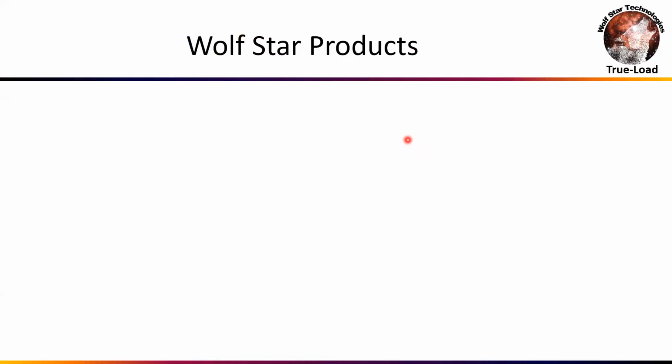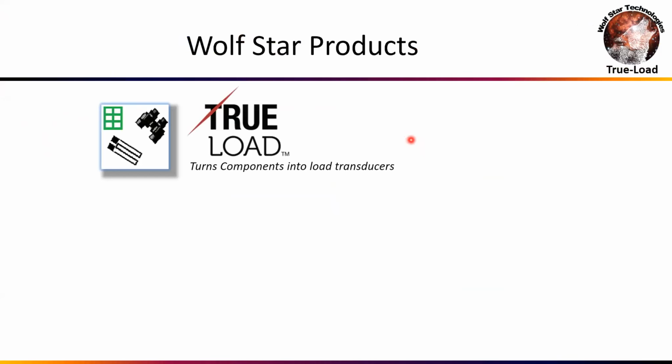So the products from Wolfstar Technologies: our flagship product is called TrueLoad. TrueLoad basically turns components into load transducers, and the way we do that is we have you set up an FEA model, you apply a bunch of unit load cases to it, we tell you where to place strain gauges, and we extract a correlation matrix that relates strain response to all the unit loads in the model.